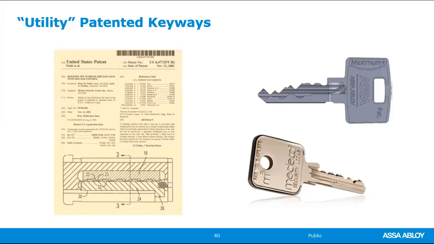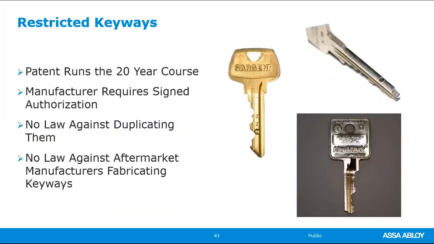Once the patent runs out, aftermarket companies are able to manufacture those blanks. However, if a patent runs out, as you can see, the pyramid at the top, the Sargent signature, and the Medeco key mark, ASSA ABLOY companies will always hold the restriction.